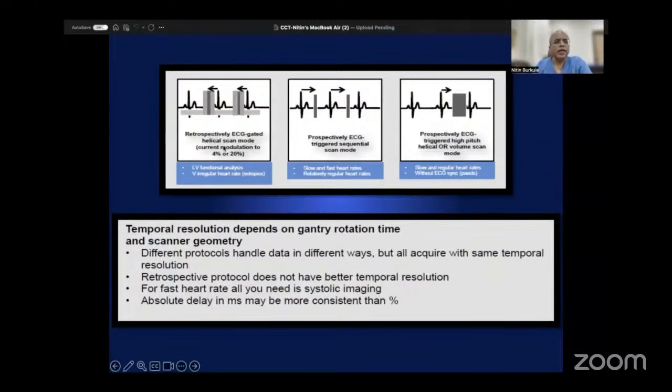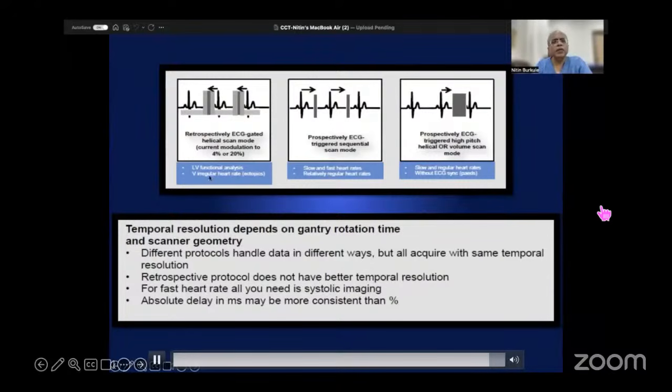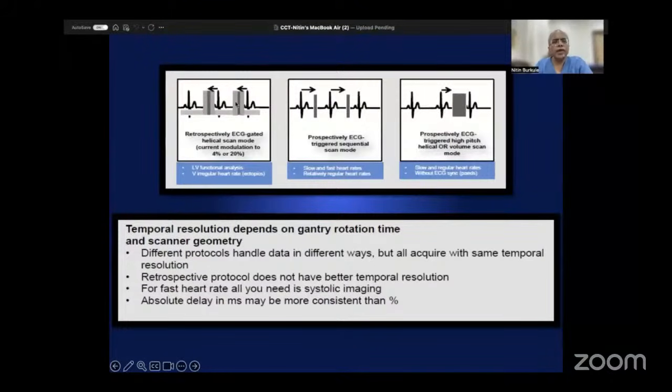And this is obviously the helical scan, which has much higher radiation. One can utilize it even with a little bit of irregularity of the heart rate, because you can catch a good phase in each RR interval.